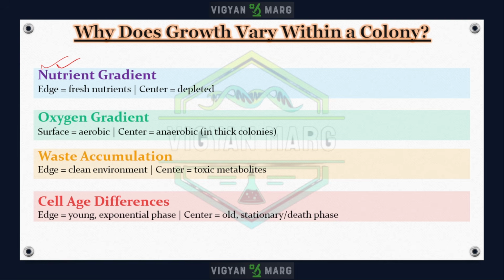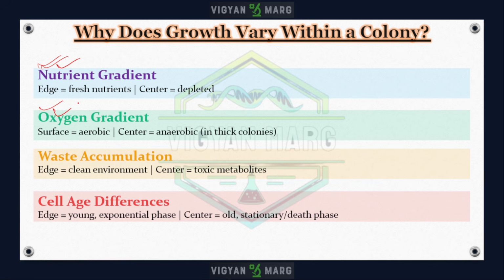Toward the center, nutrients have been depleted. Another factor is the oxygen gradient. In thicker colonies, the surface and the edges are more oxygenated, while in deeper layers the core may become relatively anaerobic or less oxygenated.